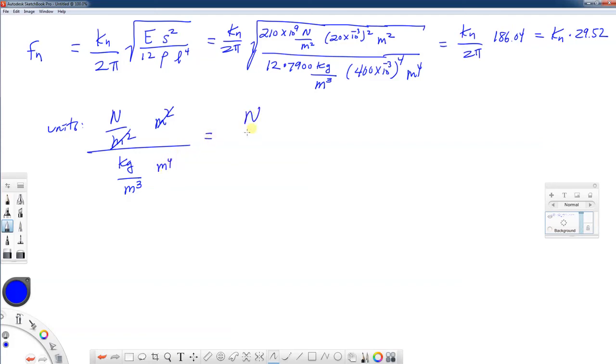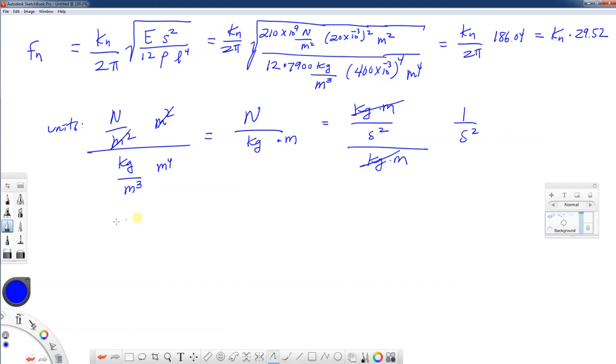So this will give me a Newton per kilogram times meters. Now a Newton is a kilogram meter per second squared. And on the bottom we have a kilogram per meter. Those units will cancel out. What I'm left with under the square root is a 1 per second squared.